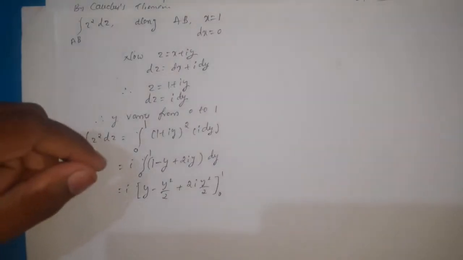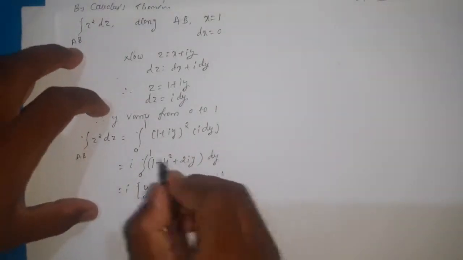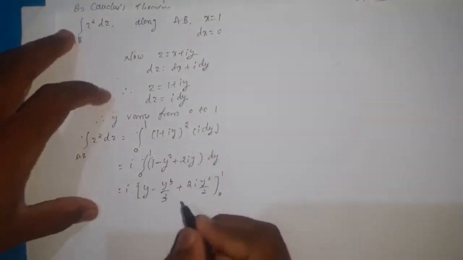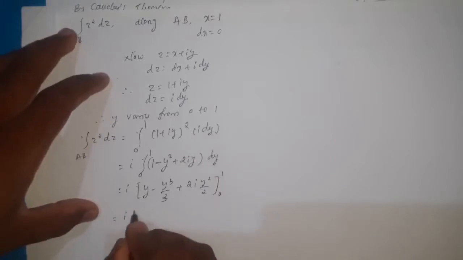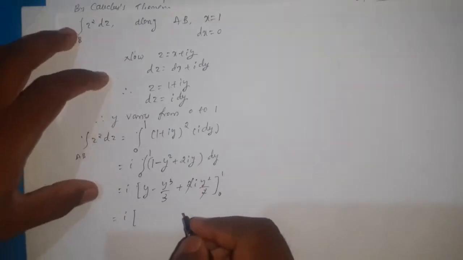Now for the upper limit, sorry, it is y square and this is y cube by 3. Then I into, here 2 and 2 get cancelled.